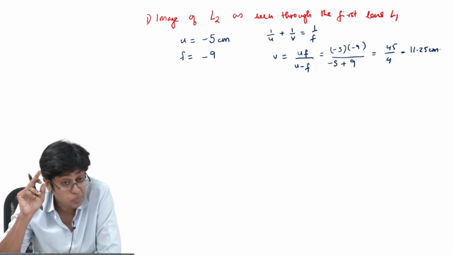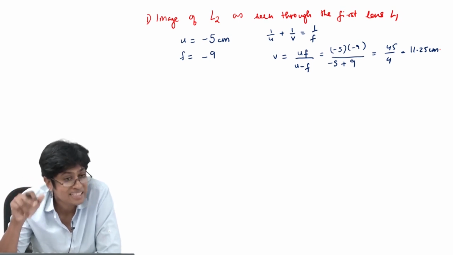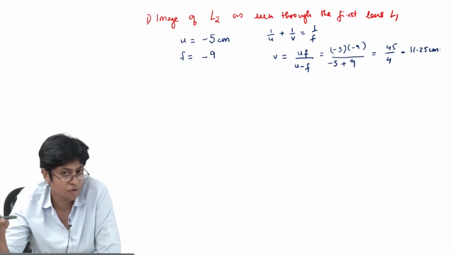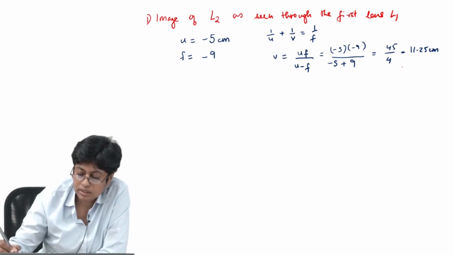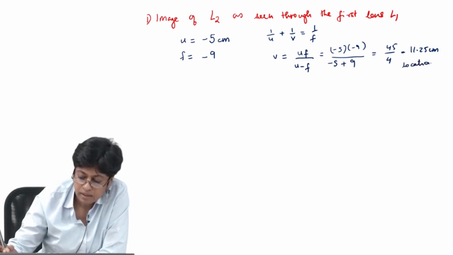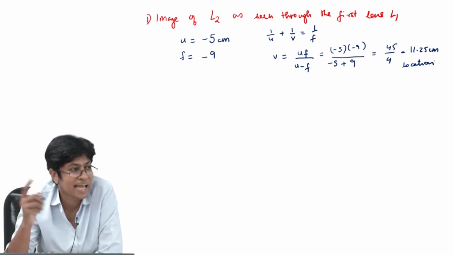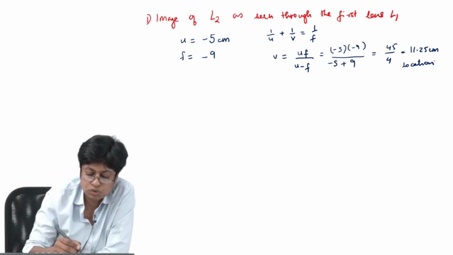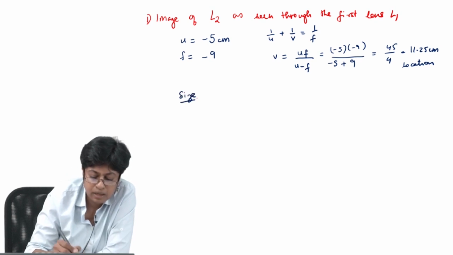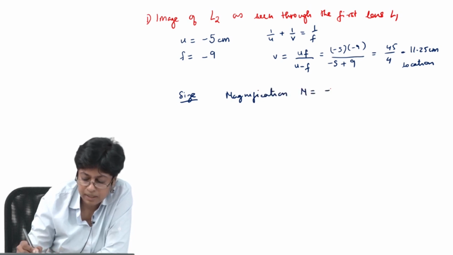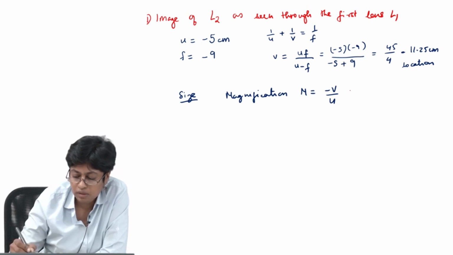Okay. But what we wanted to find out was the angle subtended by this image. So I haven't got there yet. I have only the location of the image. So this just tells me location. I still need to calculate the size of the image in order to get the angle subtended by the image. So, to get the size, I will use magnification, and magnification is m, which is minus v by u.